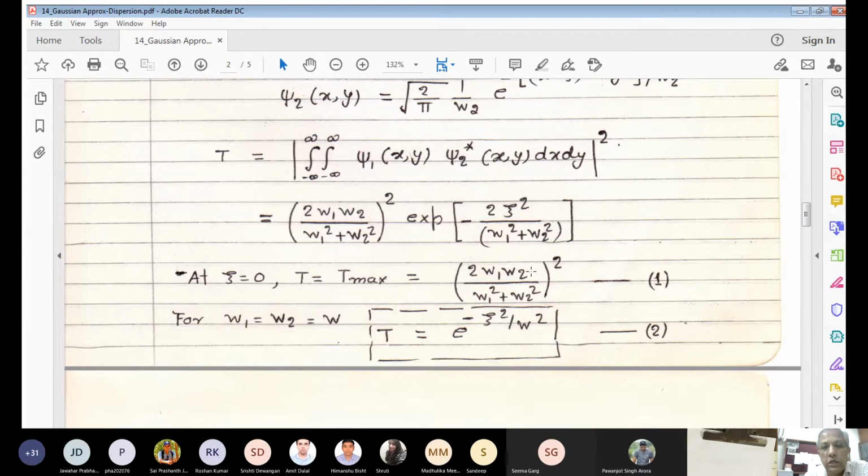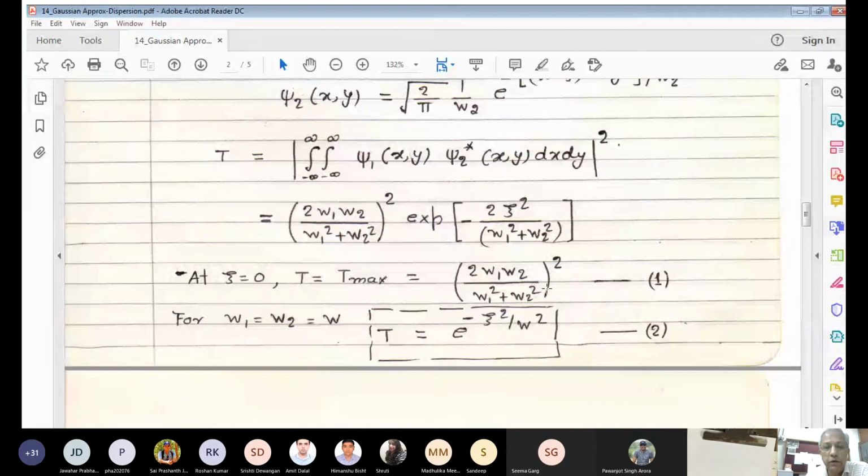We generally define it in dB, and that loss would be minus 10 log of 2 W1 W2 upon W1 square plus W2 square, whole square. Or you can write minus 20 log 10 base of 2 W1 W2 upon W1 square plus W2 square.